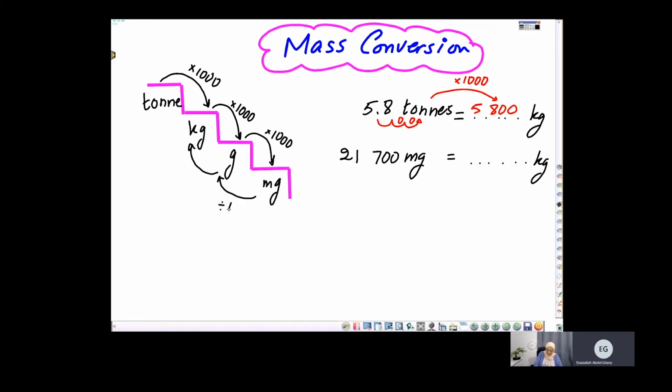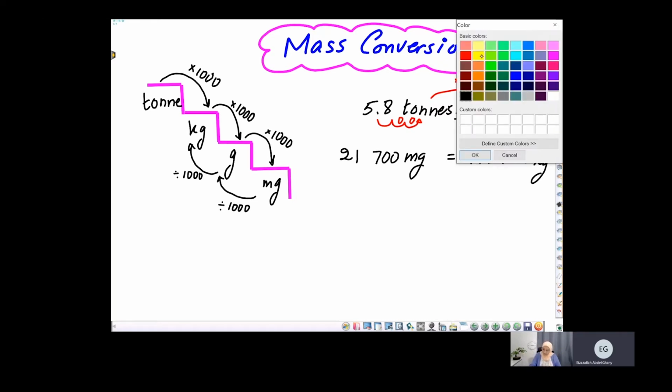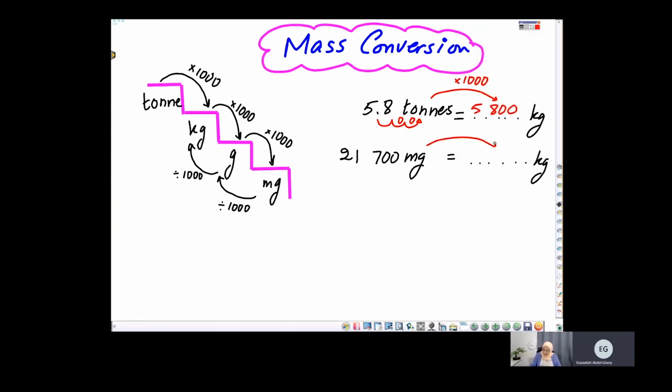Here, first you divide by 1,000 to convert it from milligram to gram. And from gram to kilogram, you divide by another 1,000. So you are dividing by 1 million. Yes, 1 million, which is 6 zeros. Now we divide by 1 million.